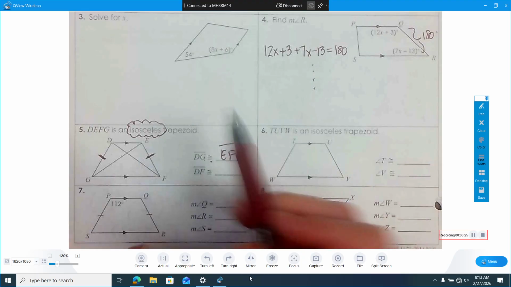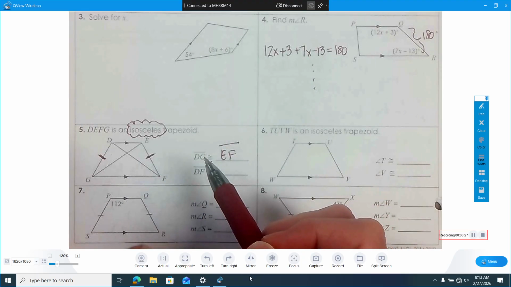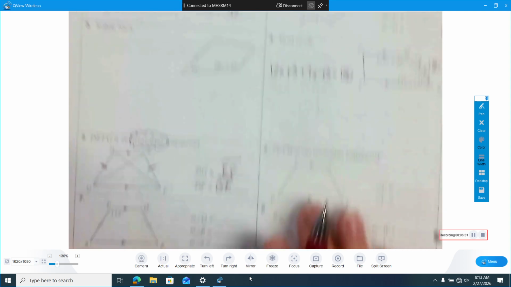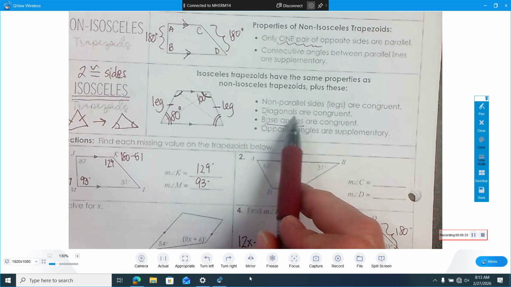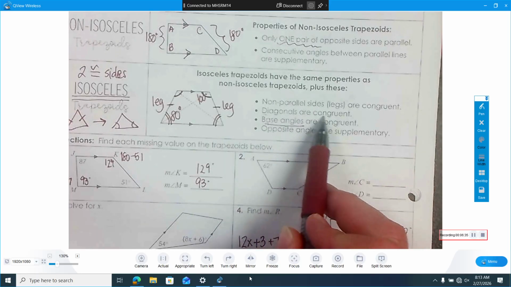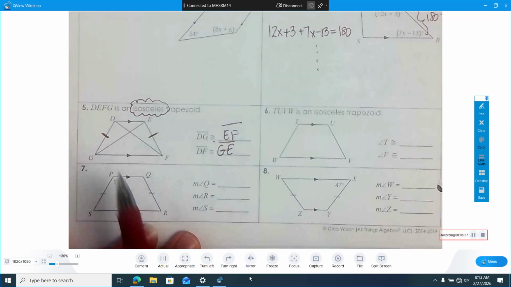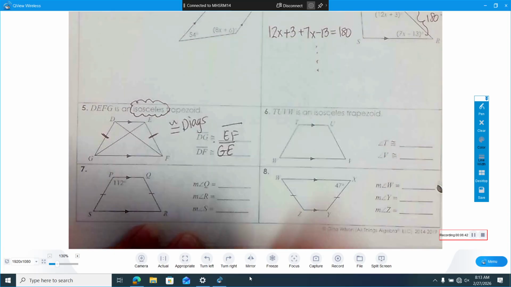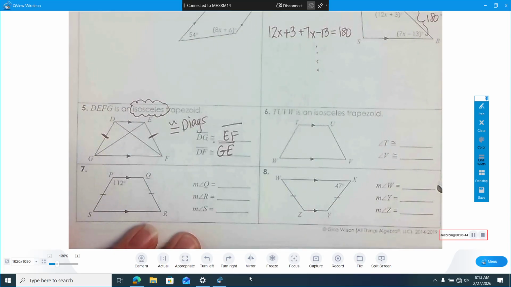DF is congruent to GE. The diagonals are congruent right up here. Congruent diagonals. Important to know in an isosceles trapezoid. Okay.